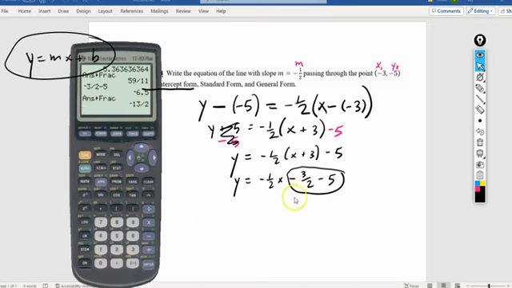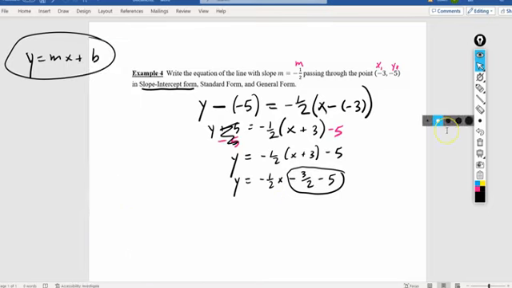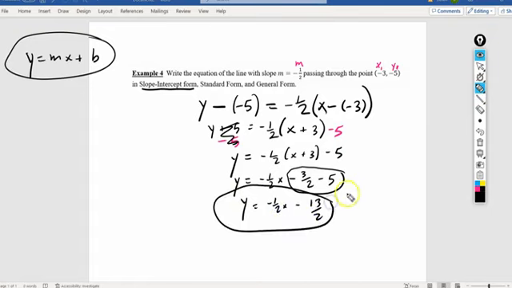You need to get used to looking at fractions. And now that is the slope-intercept form. If I was asked what the y-intercept is, it's the point (0, -13/2), because that's the y-intercept. I wasn't asked that, but just that little bit of information.